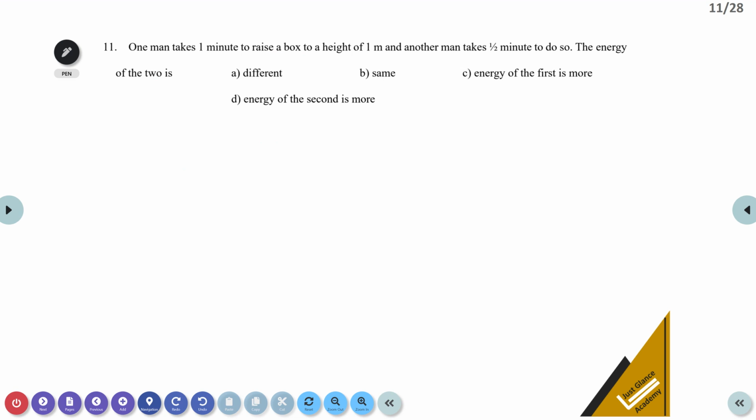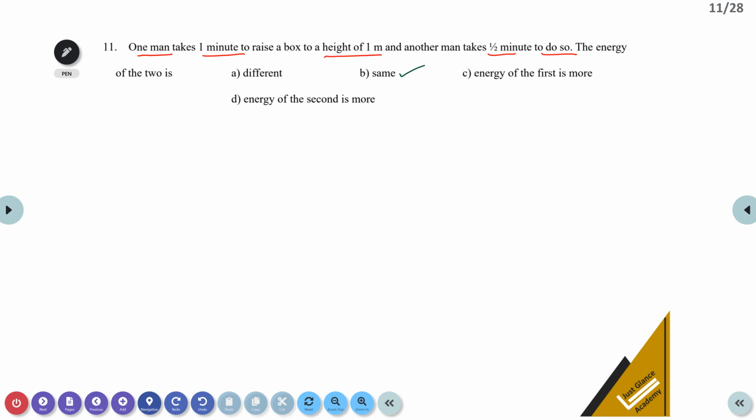One man takes 1 minute to raise a box to a height of 1 meter. Another man takes half a minute to do so. The energy of the two is... Okay, here you see, students, time is different, but he's asking about the energy. The energy of the two persons is the same.